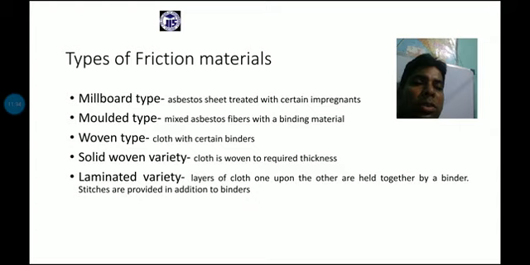So these three points are very important: area of contact, pressure applied, and coefficient of friction on the surface of the material. Now next point, the two surfaces can be separated and brought into contact when required.